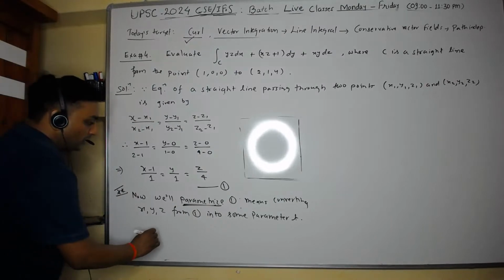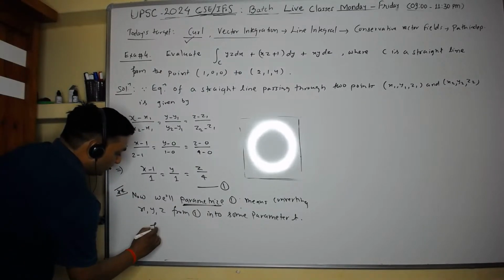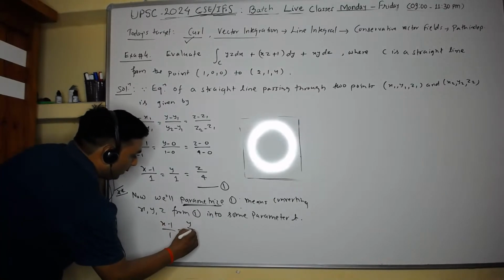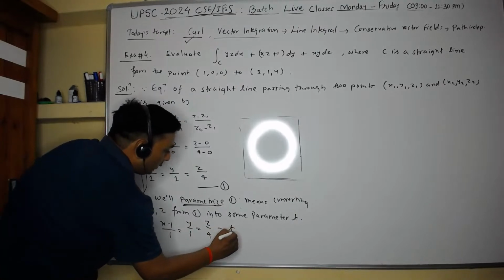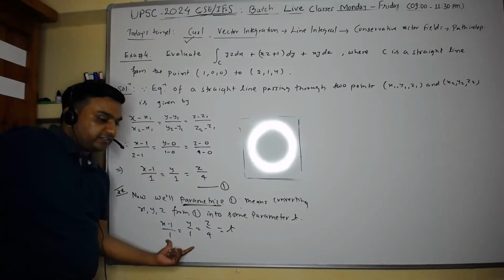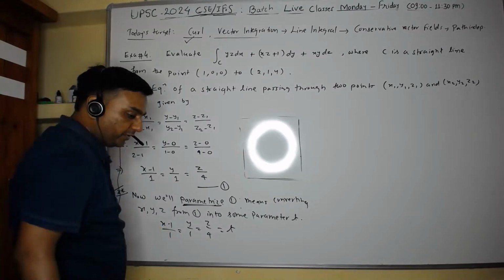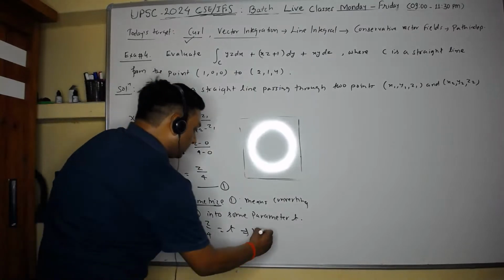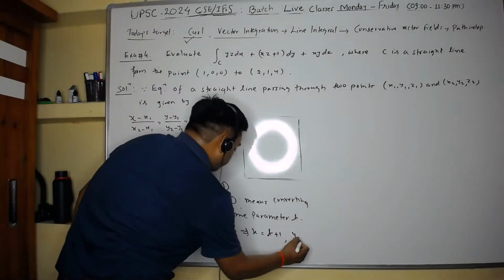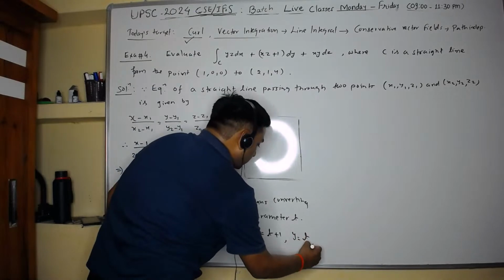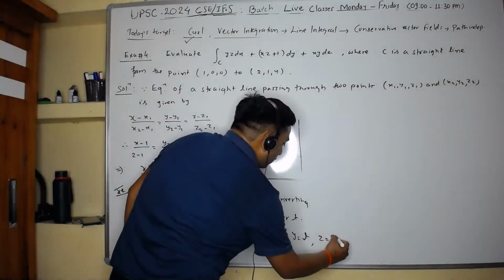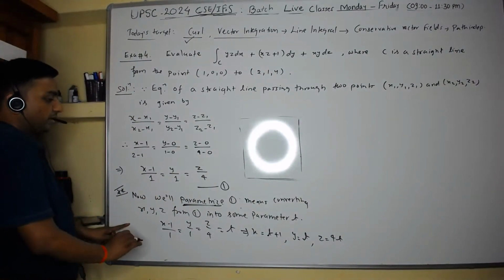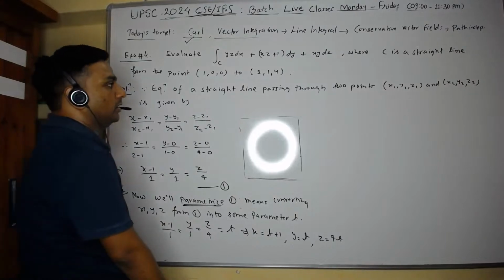So if I put for this, how will we be doing? x minus 1 upon 1, y upon 1, equals z upon 4. We will take all these three segments as t. Fair? This implies, okay Deepak, x value will be t plus 1, y will be t and z will be 4t. ठीक है? That is the one step in the parameterization.